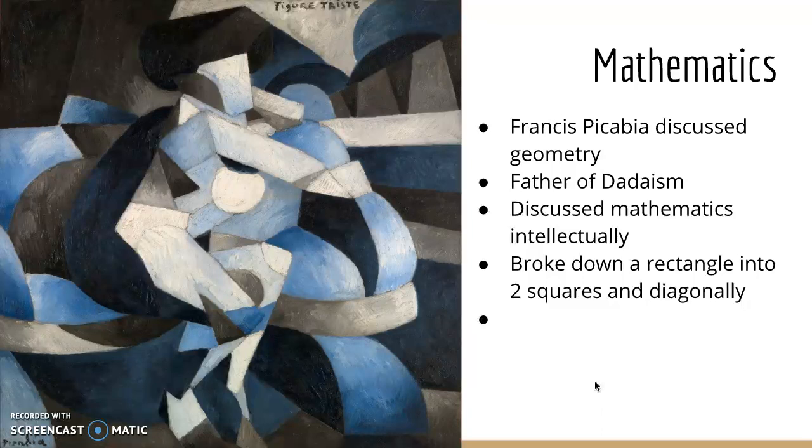He is also known as the father of Dadaism. He would speak about breaking down a rectangle into two squares, seeing how a diagonal line going through would break it and create these new angles. Some of his artistic friends included Duchamp.